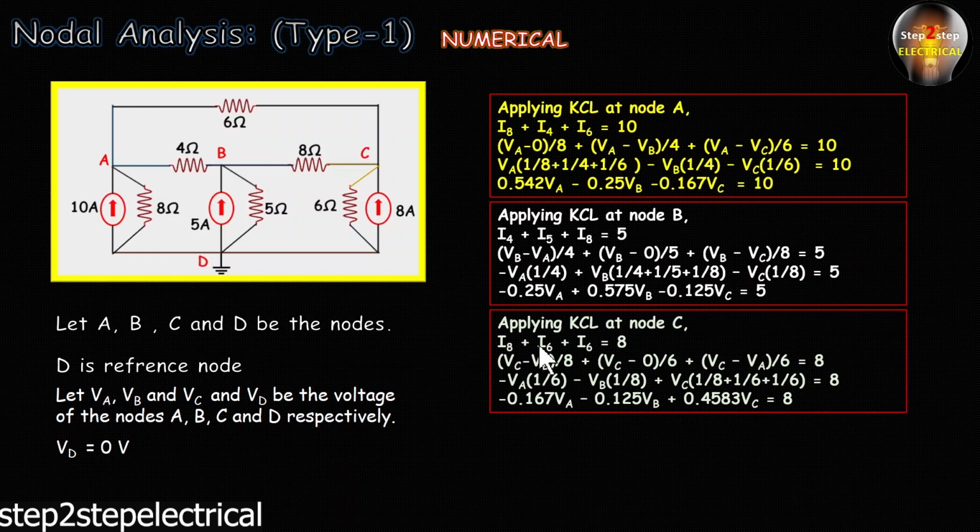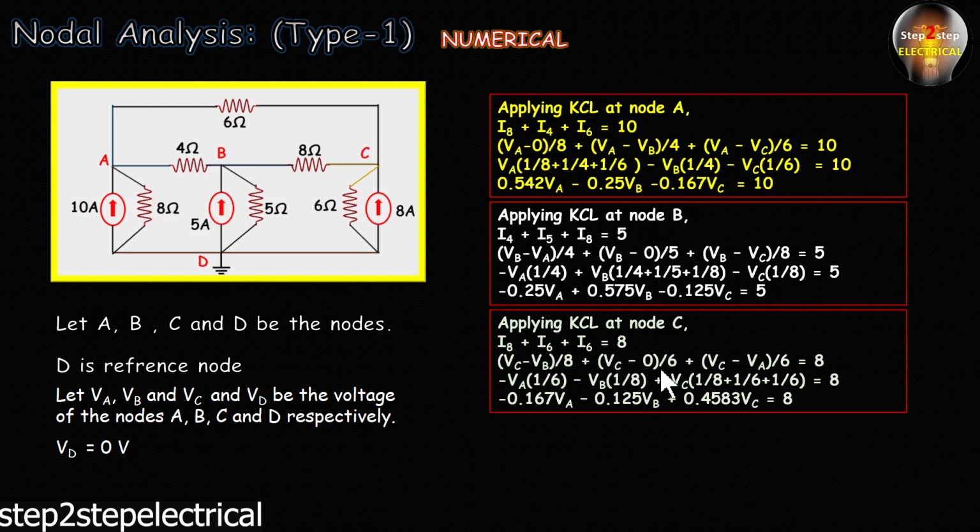Here I8 is the current flowing from C to B, one I6 is the current flowing from C to D, and the other I6 is the current flowing from C to A. We replace these currents by (VC minus VB) upon 8 plus (VC minus 0) upon 6 plus (VC minus VA) upon 6 is equal to 8.